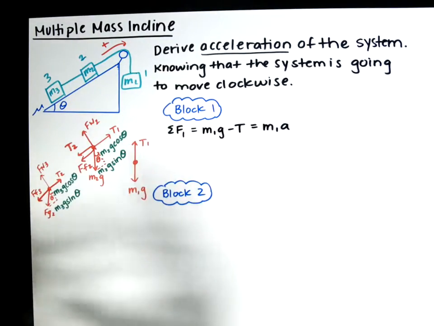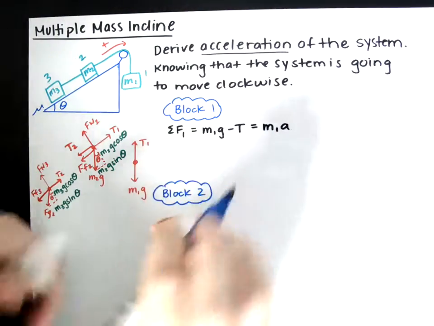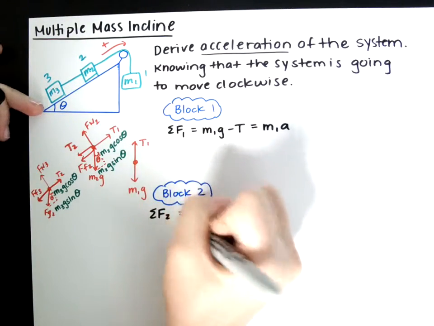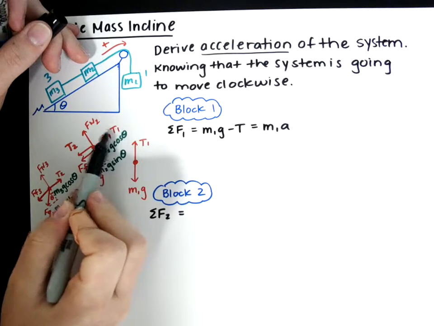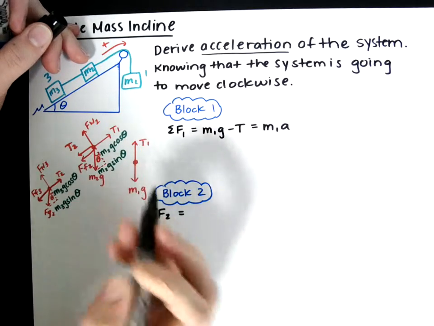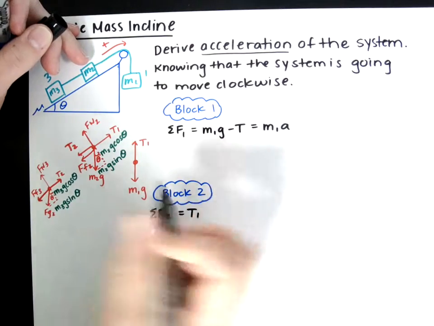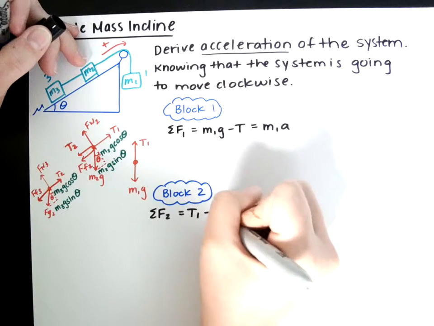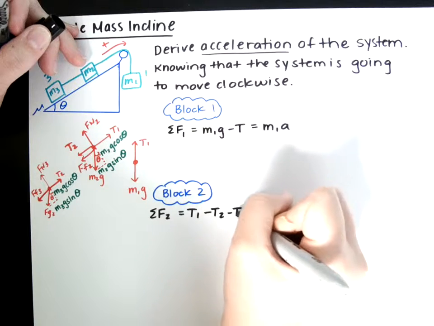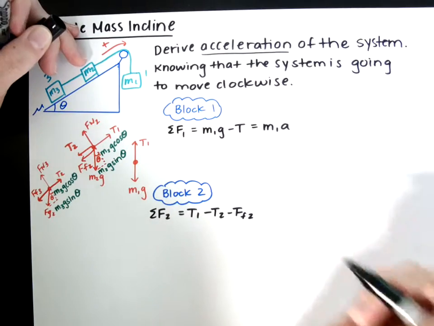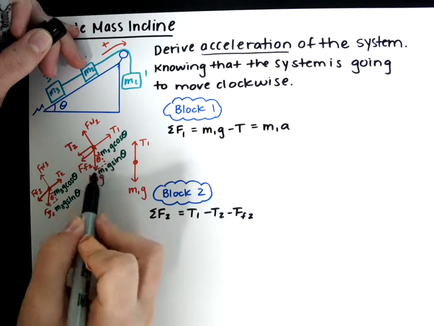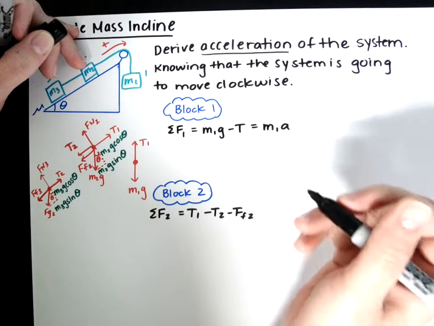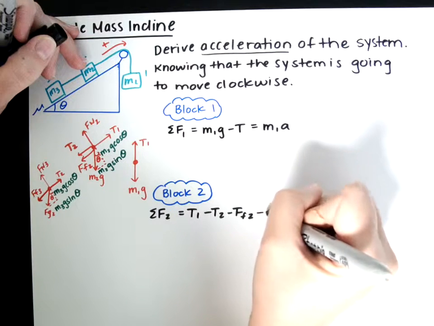For block 2, we have sum of the forces is equal to, well, we have tension pulling up the ramp, so that's going to be positive, T1. Down the ramp is T2 and force of friction, so those are negative, negative T2. And let's not forget the component of gravity here, the X component, M2G sine theta. Also negative.